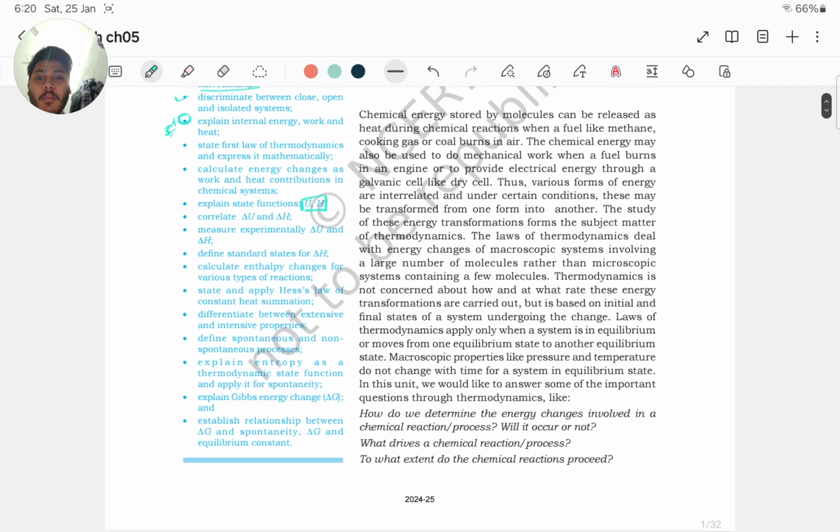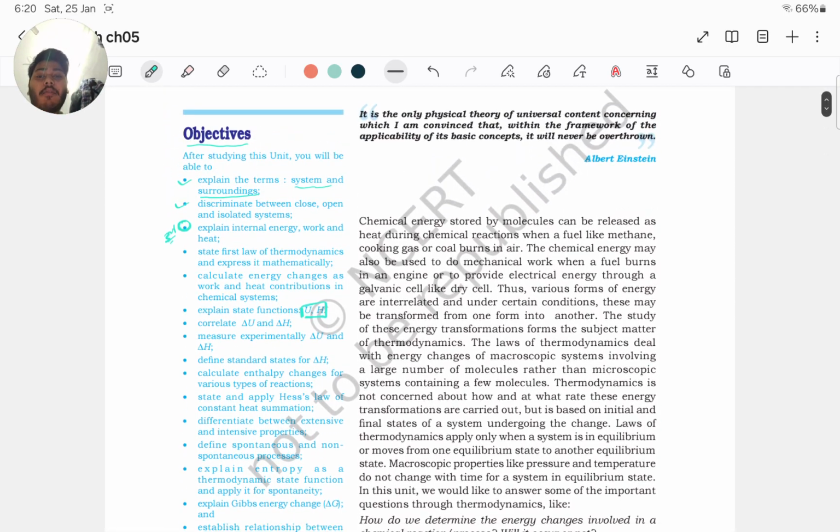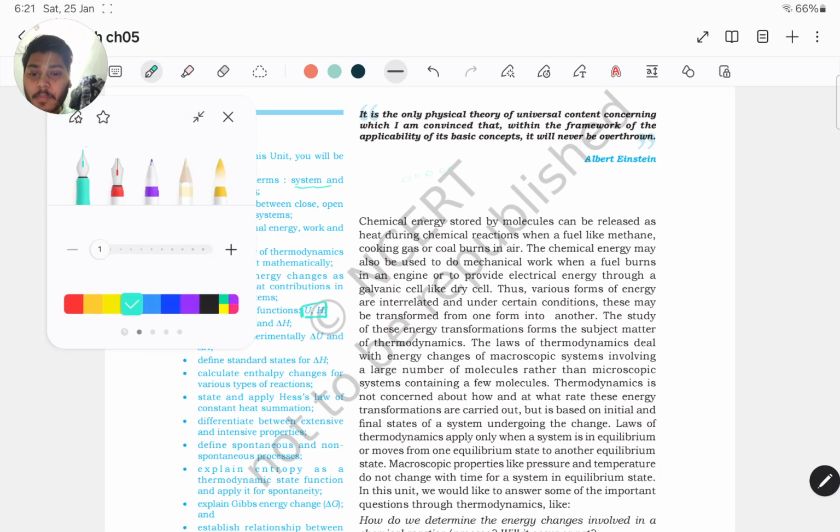Okay, so basically we have to see in our daily life that we perform so many reactions in our chemical laboratory. For example, when we add water to NaOH pellets. There are some NaOH pellets in our chemical laboratory, I think that is visible.